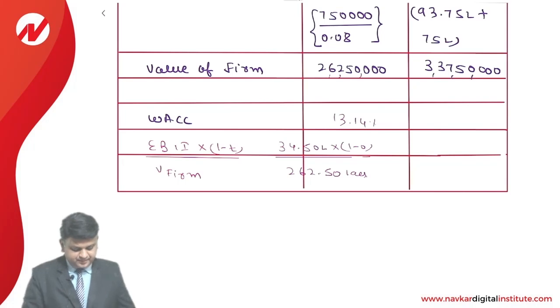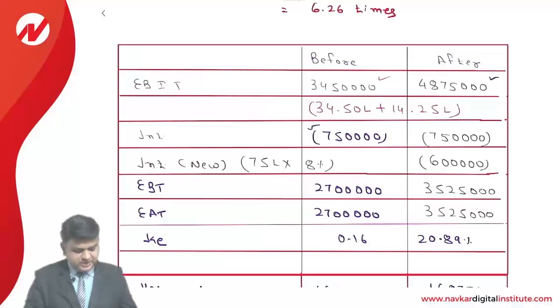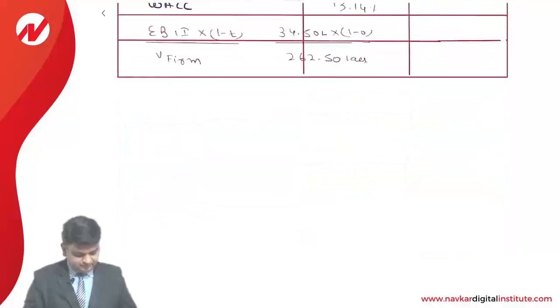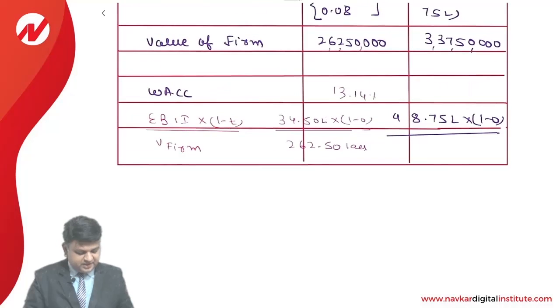Okay. Next is the weighted average cost of capital. It is 48,75,000 into 1 minus tax rate, which is 0, divided by value of the firm, 3 crore 37 lakh 50,000.